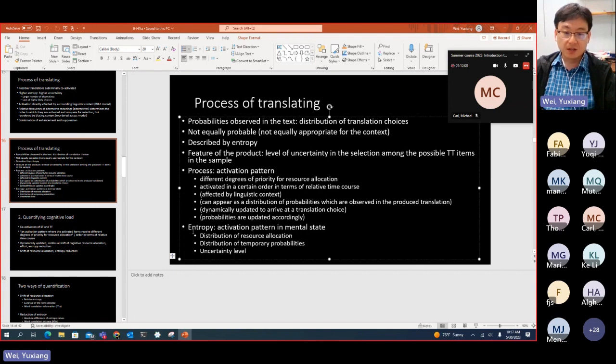So entropy, therefore, can describe this pattern in the mental state, and it describes the distribution of resource allocation or the distribution of temporary probabilities with which a particular item would be selected at the end of this mental process.